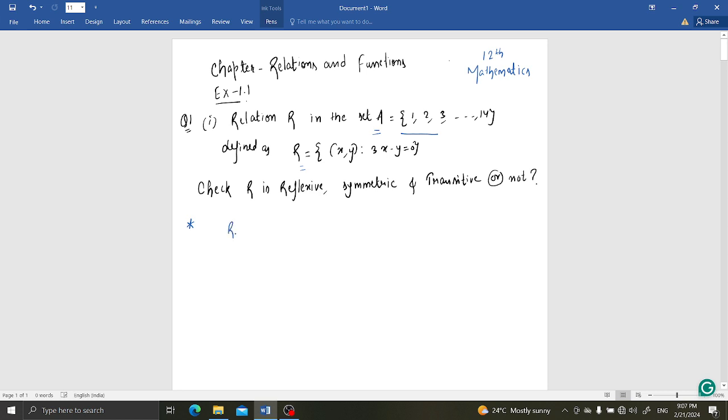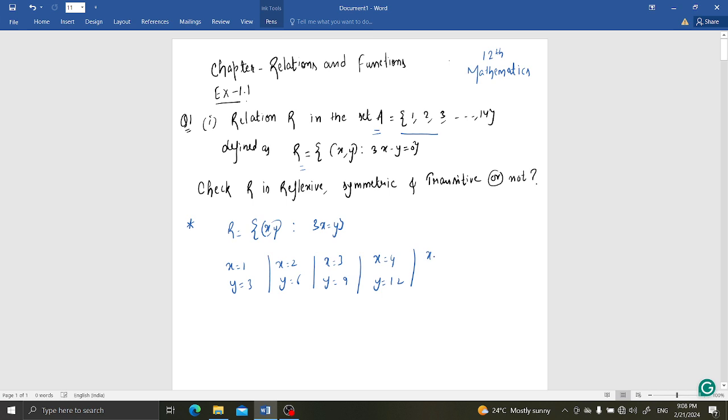So how can we find it? Actually R is the ordered pair (x, y) such that 3x equals y. It means if x equals 1, what y will come? 3. If x equals 2, y will be 6. If x equals 3, y will be 9. If x equals 4, y will be 12.